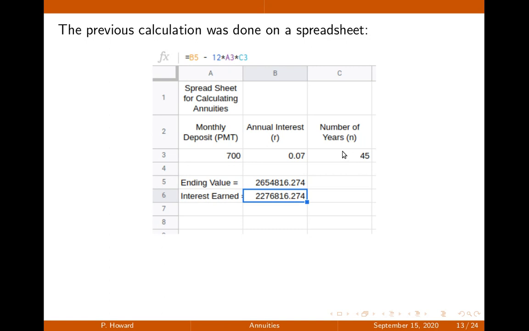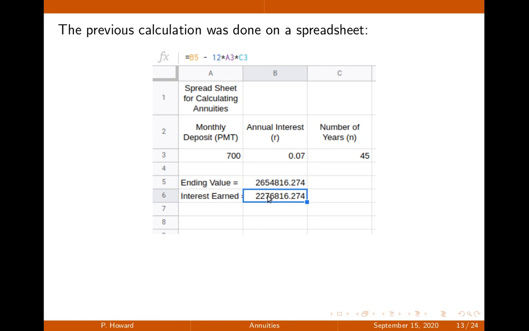And before, I had calculated the ending value of the annuity and put it in cell B5. So the actual contents of cell B5 is the formula for the ending value of an annuity.